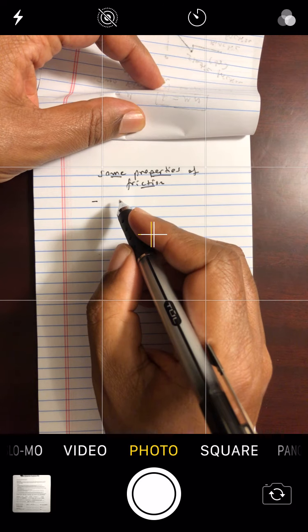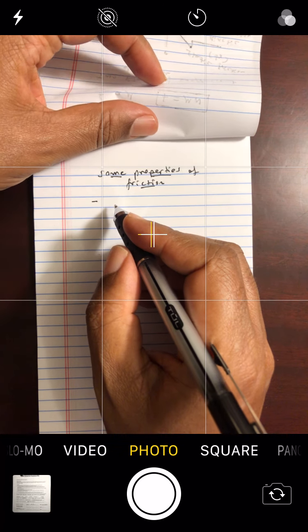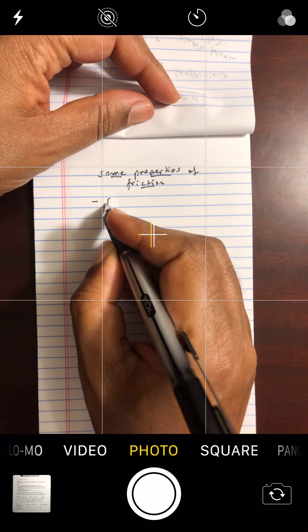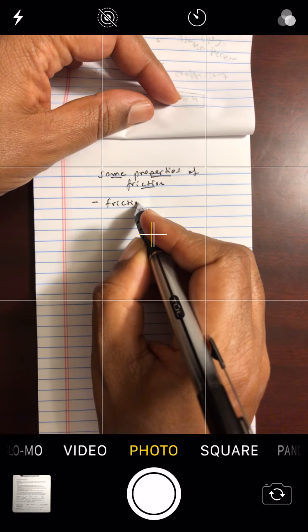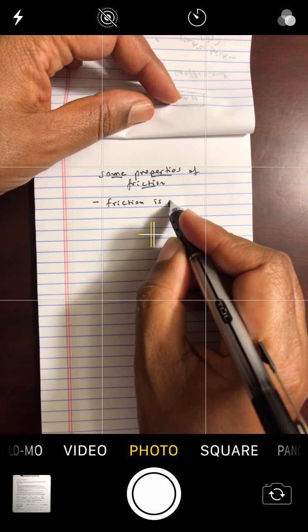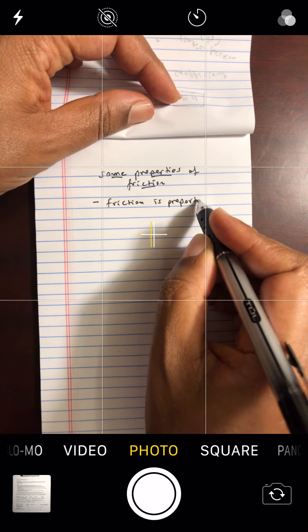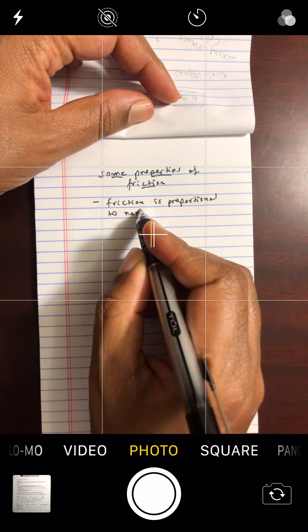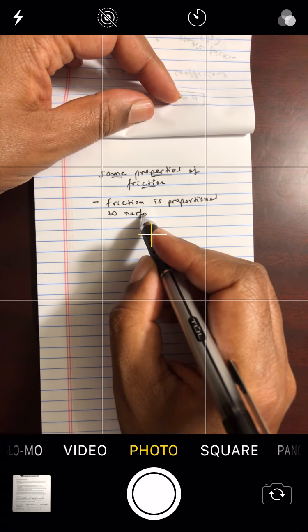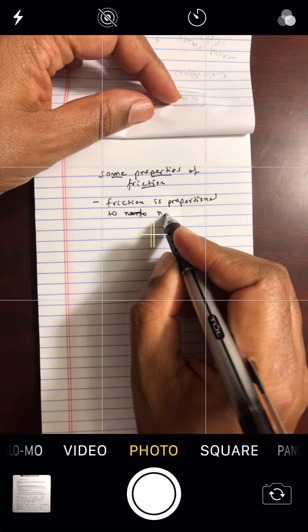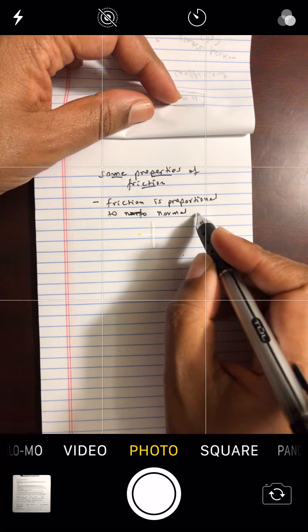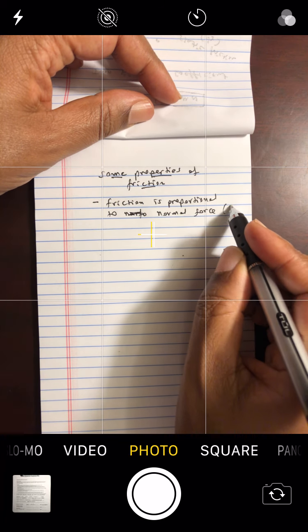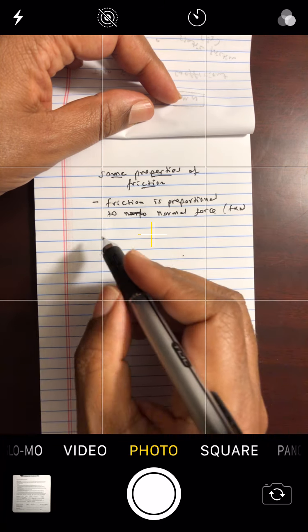One is that friction is proportional to the normal force, that is, the force pushing the two surfaces together. That is, friction is proportional to N.